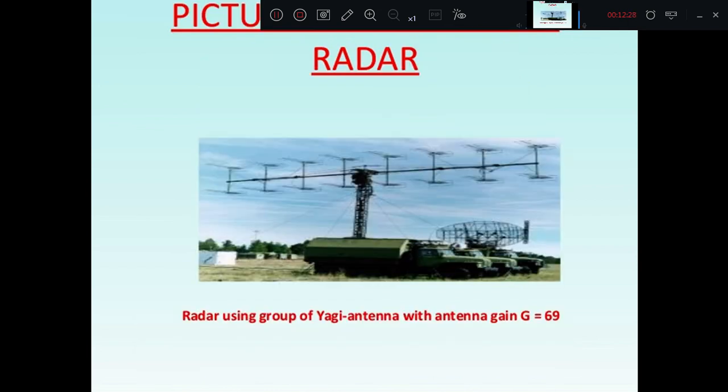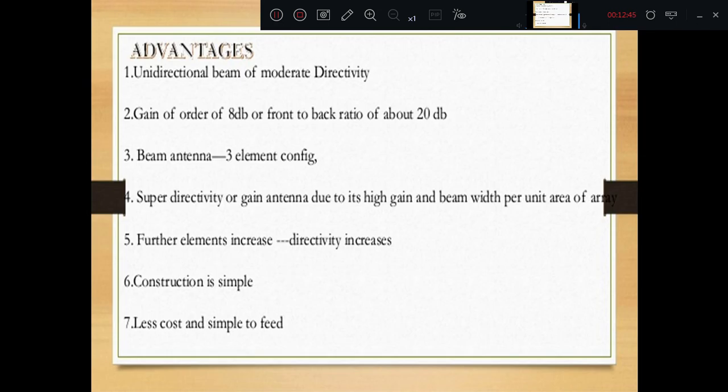This is the picture of a Yagi-Uda antenna used in a radar system, with the gain achieved being 69. It is somewhat large in structure, the dimension is very large, and the advantages are like this.